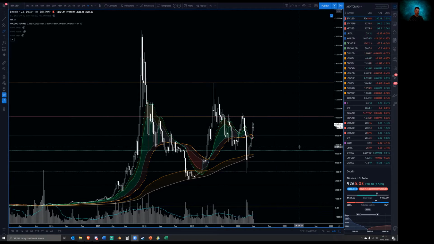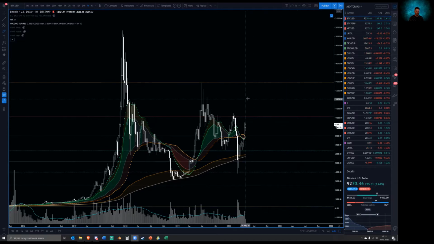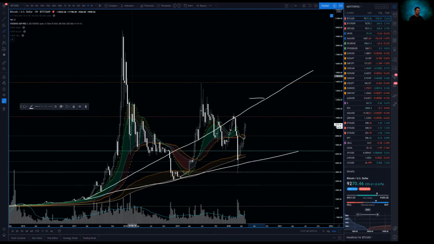Meaning that on a standard scale, the distance between 4,000 and 8,000 will be the same as between 8,000 and 12,000. While when we use logarithmic scale, the distance between 4,000 and 8,000 will be the same as between 8,000 and 16,000. So you can see right now the Bitcoin chart, and I turned on my drawings.